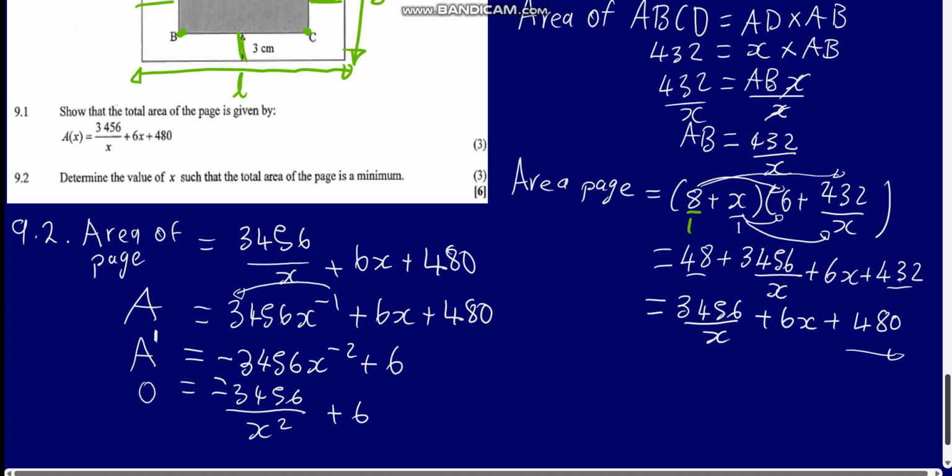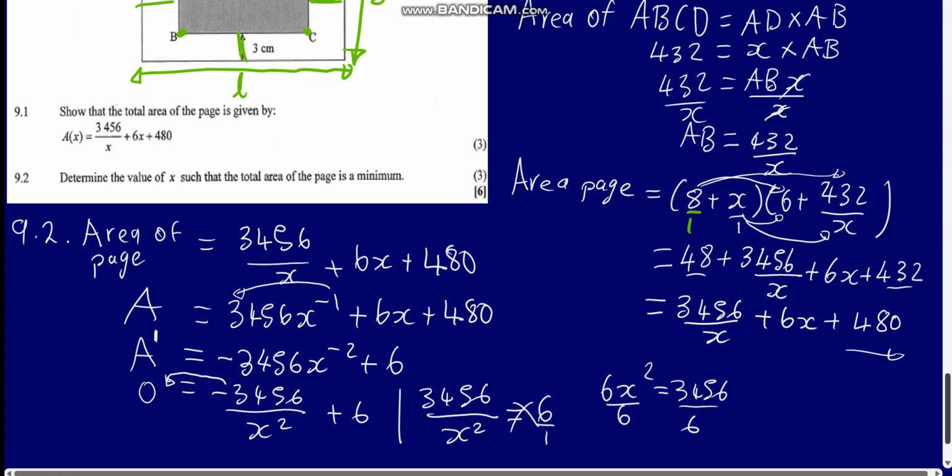So we can take this and transpose it to the right hand side. We would get 3456 all over x squared, which is equal to 6. Then we can cross multiply this. So we'd get 6x squared equals 3456. Divide both sides by 6.